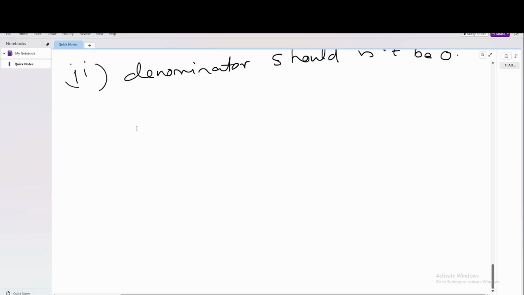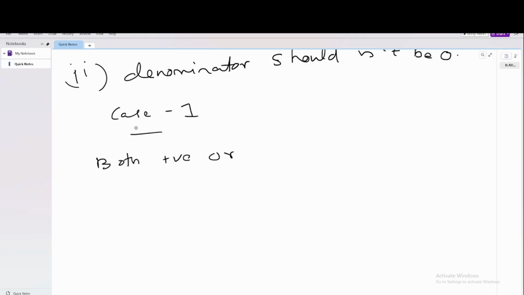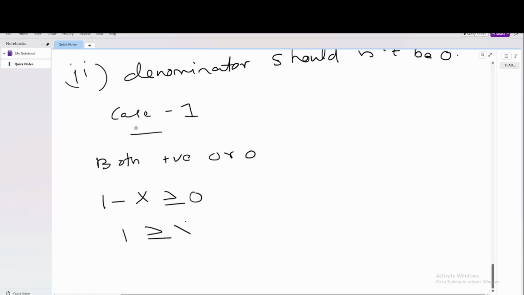So let's consider case 1: both positive or 0. So 1 minus x must be greater than or equal to 0, so 1 is greater than or equal to x.